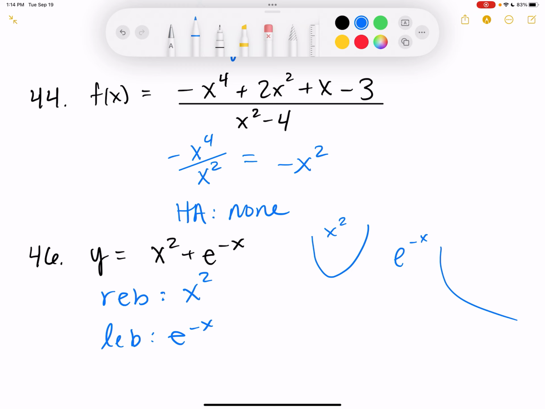Okay, well I can't even see the graph. It's giving me an error now. It gives me an error every time.